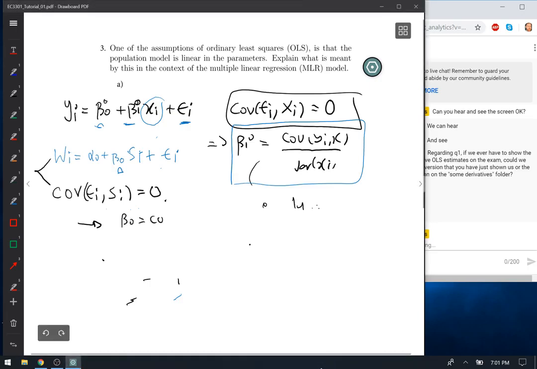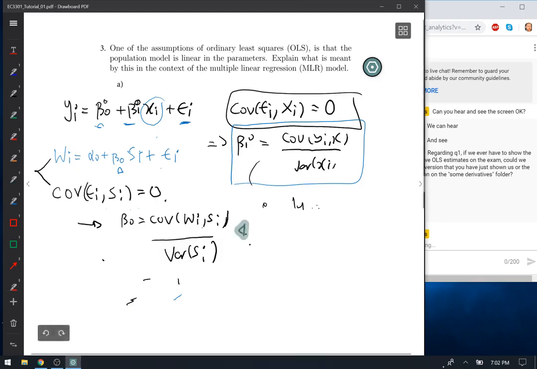the population covariance of W and S, wage and schooling, divided by the variance of S, assuming of course the variance of S isn't naught, namely that schooling does vary, which of course it will. This is what the true effect would be if these two assumptions held.